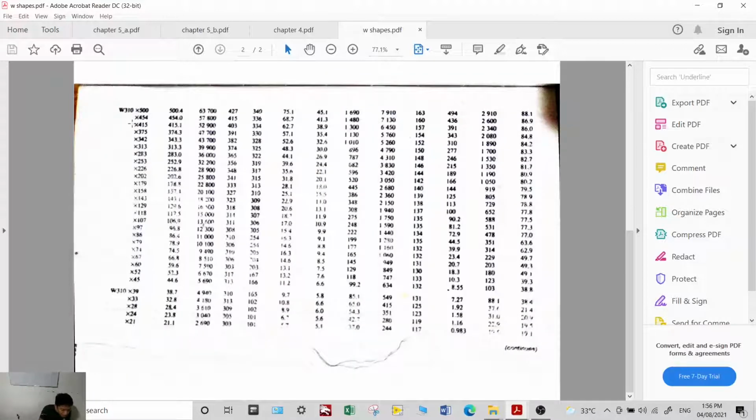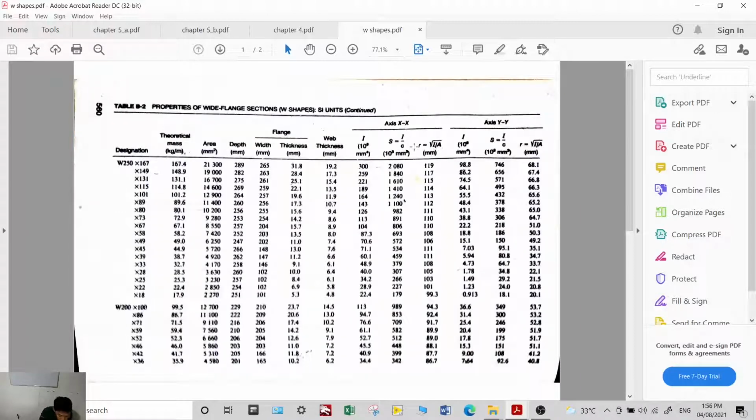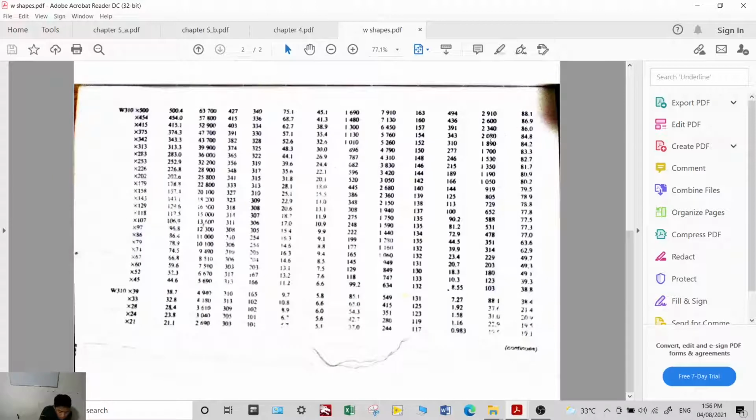Ita pa pangitaon ang lain nga W shape. Kani kalima man tong column. Kalima ba? 1, 2, 3, 4. Kalima nga column. Ani? W310 by 39 kani. 549. Pasar gyapon ni. Weight niya 39.